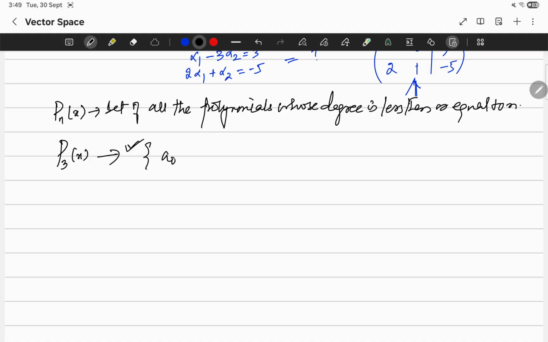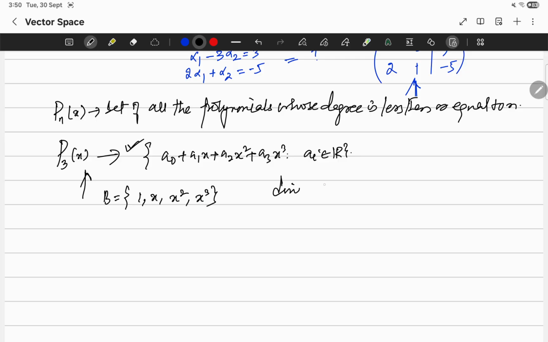Its elements will be a0 plus a1x plus a2x squared plus a3x cubed, and these coefficients are real numbers. Now its basis, we have to remember, is 1, x, x squared, x cubed. So that means the dimension of P3 of x is equal to 4. Every polynomial can be written as a linear combination of these polynomials. In general, the dimension of Pn of x is equal to n plus 1.